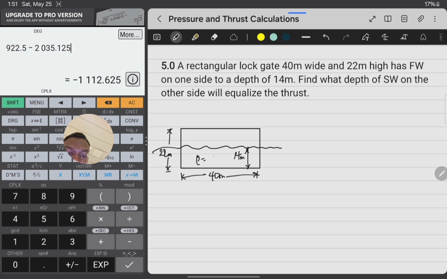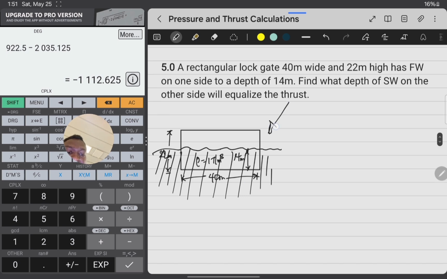Fresh water means the density is 1 ton per meter cubed. Find what depth of seawater on the other side. So on this side we have fresh water. Now on the other side of this gate we want to apply seawater, just to balance it.